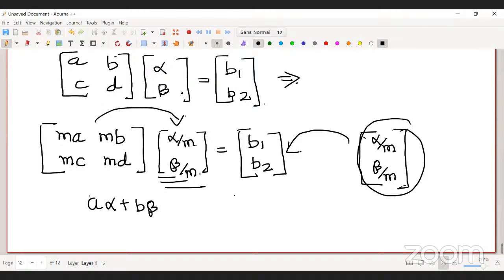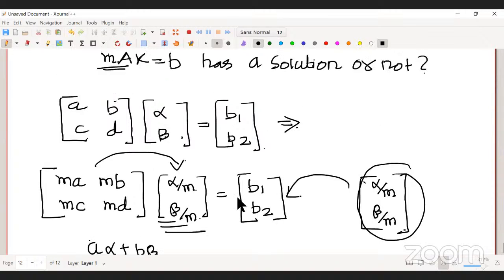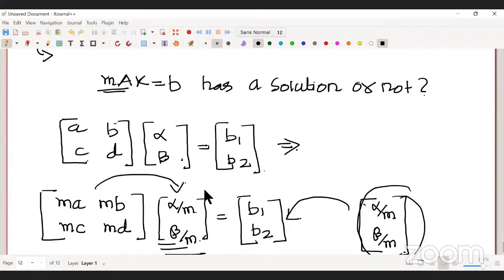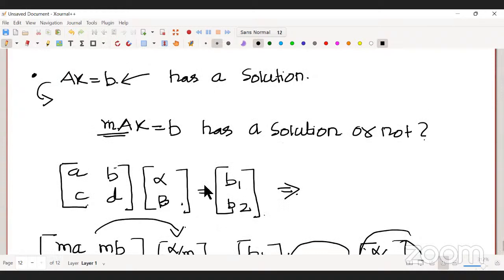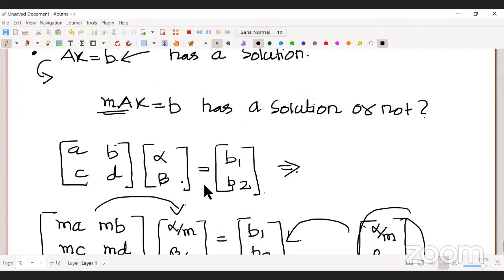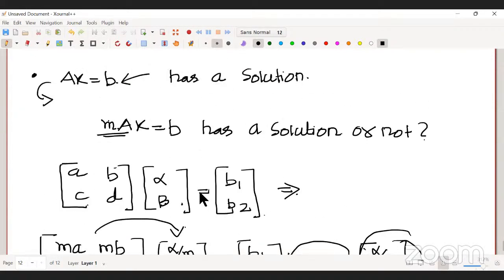But sir, in the question only M is multiplied with A, B, C, D, not with alpha and beta. Why are you dividing alpha and beta by M? Because A is fixed, right?